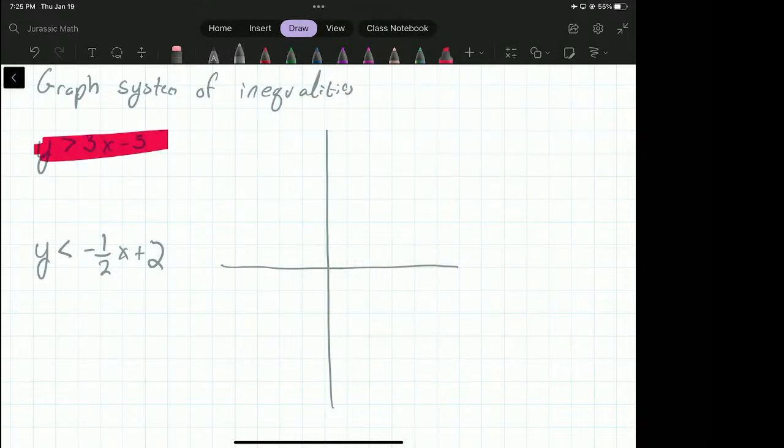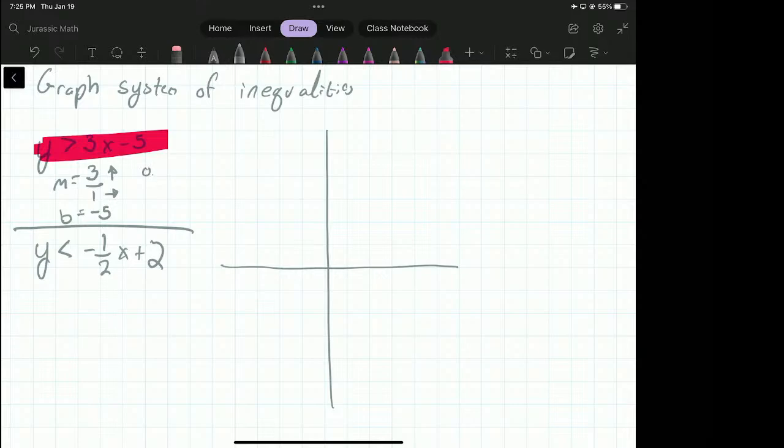The first thing that we need to do is find the slope and the y-intercept. So, m and b. So, m is going to be 3, and we always make it a fraction, so 3 over 1. That means we go up 3, we go over 1. Our b is negative 5. And then we have to look.